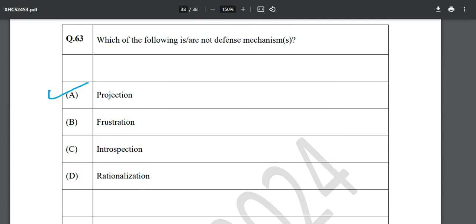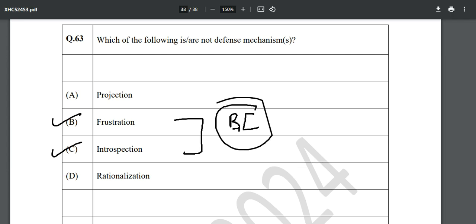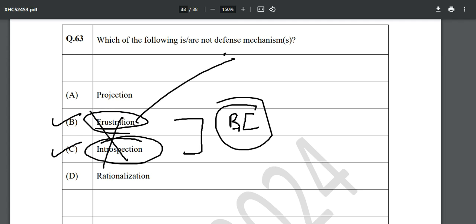So A and D are the correct answer here. But the question is asking about what is not a defense mechanism, so we don't have to tick A and D. We have to smartly tick B and C. So the correct answer here is B and C. These two, frustration and introspection, are not defense mechanisms.